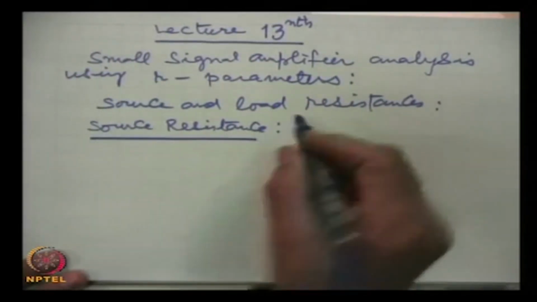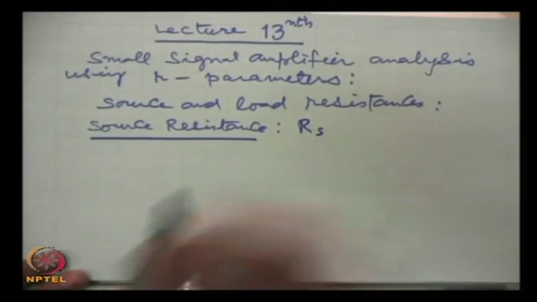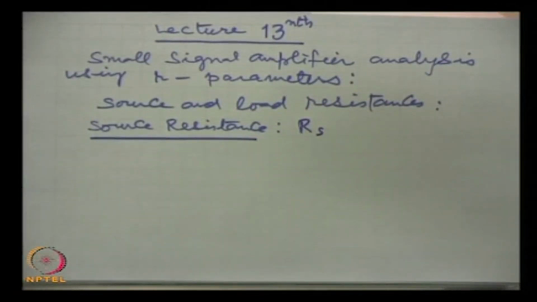So, source resistance first, this is often written as RS. Every source which we connect at the input of the amplifier, this may be the microphone, some other oscillator, or the previous amplifier stage to which this stage is connected, they all have an impedance, and a circuit can always be Thevenized like this.